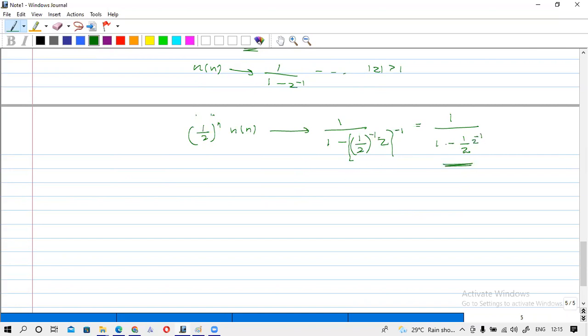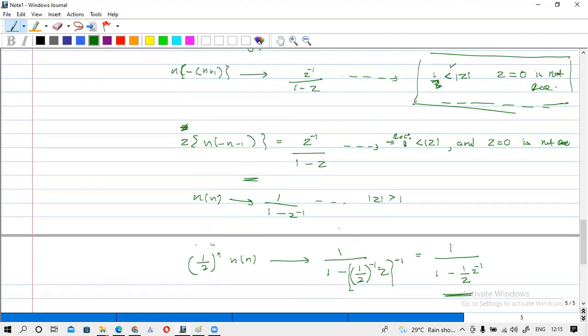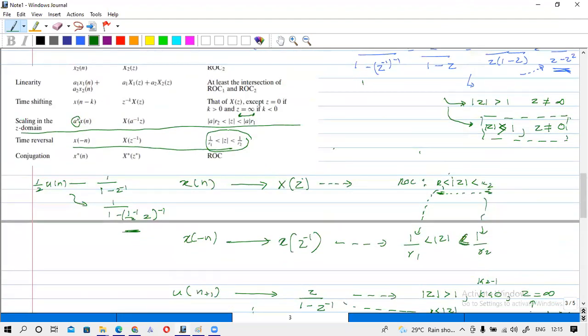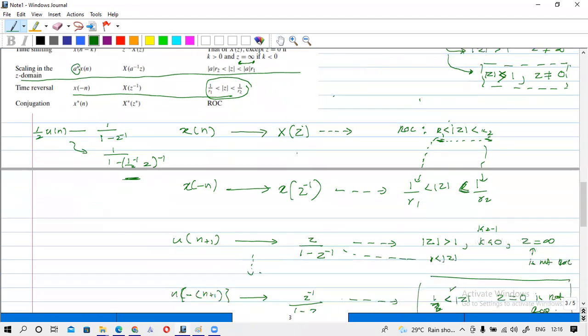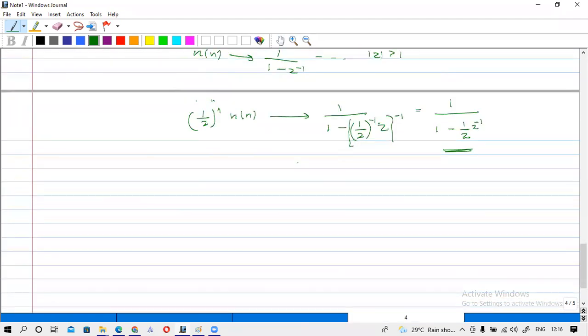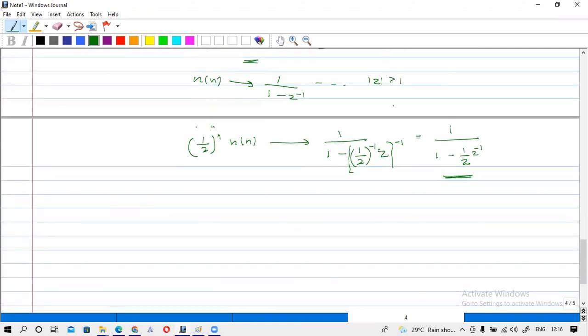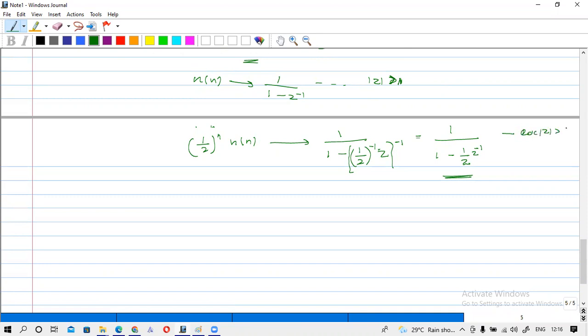So you can say that the ROC will be the lower limit and upper limit multiplied by the magnitude of this value. Here we know that z is greater than 1 for un, and for this the ROC will be z is greater than half.